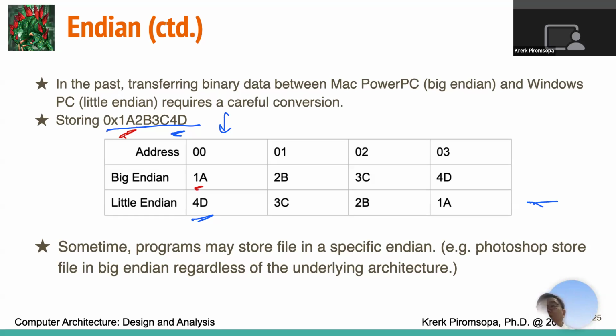But what makes it more complex is that sometimes, even though the Intel architecture is little endian, the file format is big endian, like Photoshop files and some kinds of image files. They always go with big endian. So when you use Photoshop on Intel, you read the files and you have to swap the order before doing the calculation.